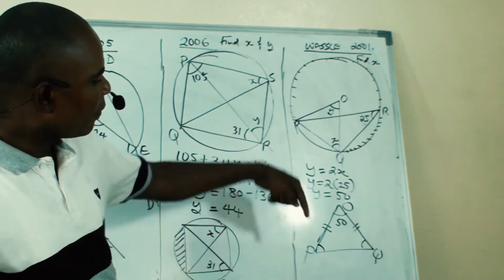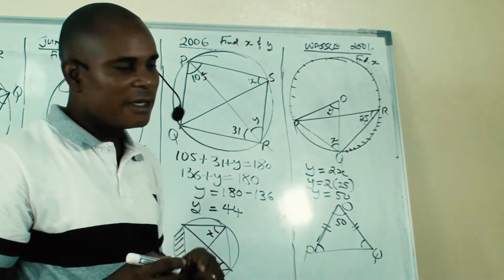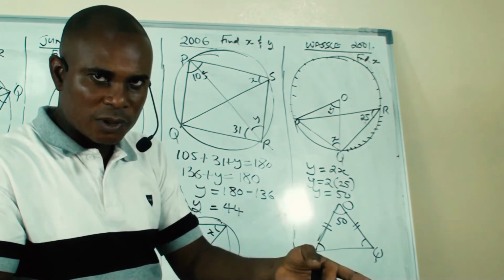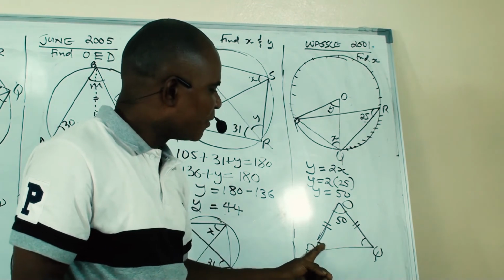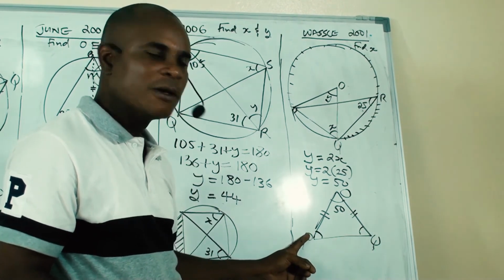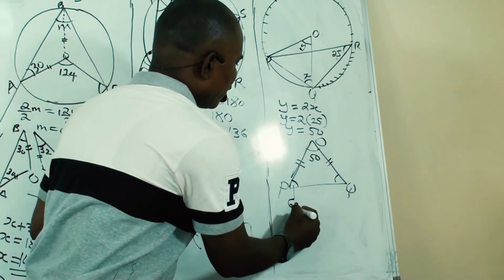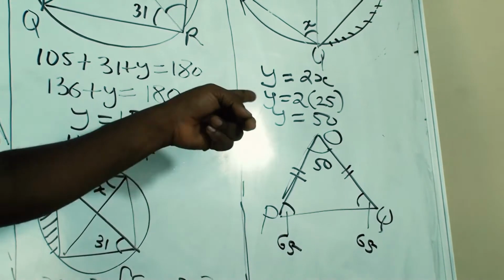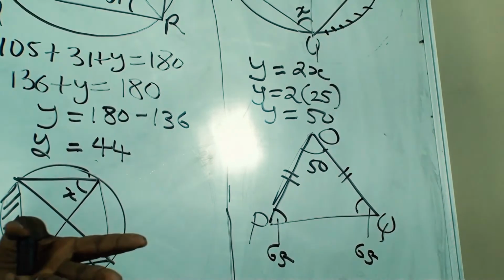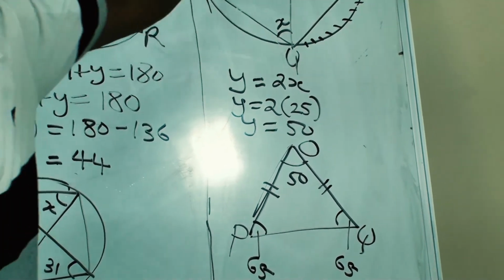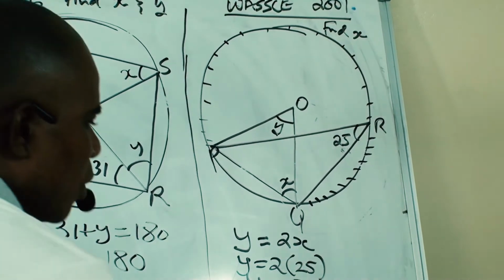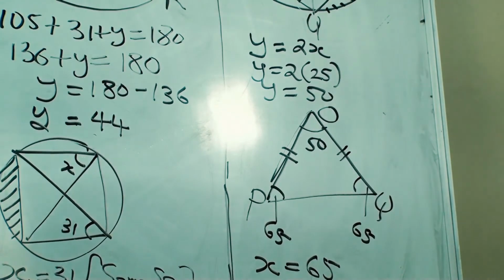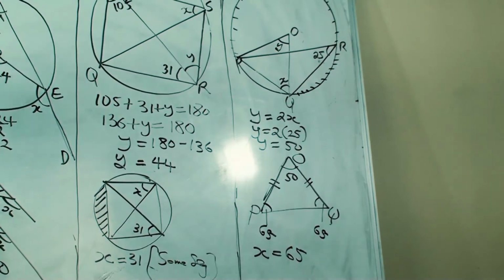And remember, the sum of angles in a triangle is 180. If this angle here took 50, the remaining is going to be 130, and 130 must be divided between this angle and this angle. So this is going to get 65, and this other one will get 65, because 65 plus 65 plus 50 must give us 180. The question says find x, and x is one of the 65s over there, so x equals 65.